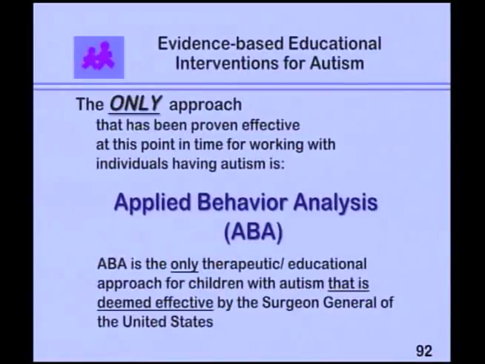We've gone through those before. It's the only approach that's been proven effective at this point in time when working with individuals with autism. It's the only therapeutic or educational approach that is deemed effective by the Surgeon General of the United States. So again, pretty concrete evidence for ABA.